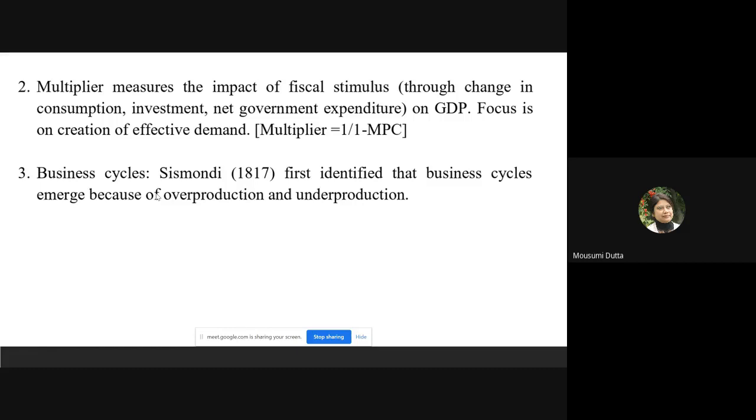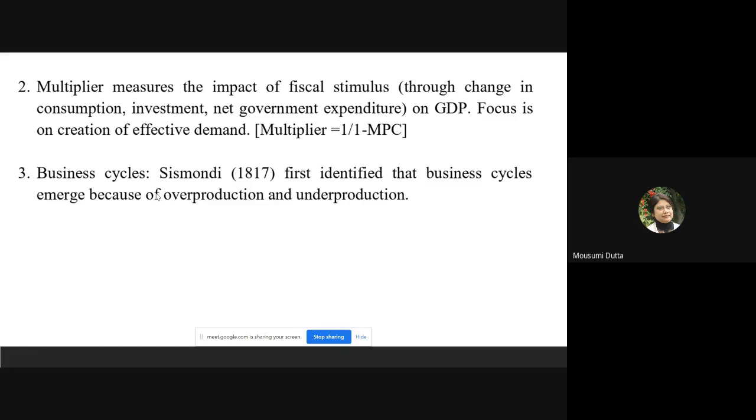Fiscal stimulus means change in consumption, investment, net government expenditure, etc. Monetary stimulus means you increase the money supply in the economy. In macro, there are two types of stimulus to improve the system. One is printing currency or somehow increasing the money supply and liquidity in the economy. Another mechanism is fiscal stimulus.